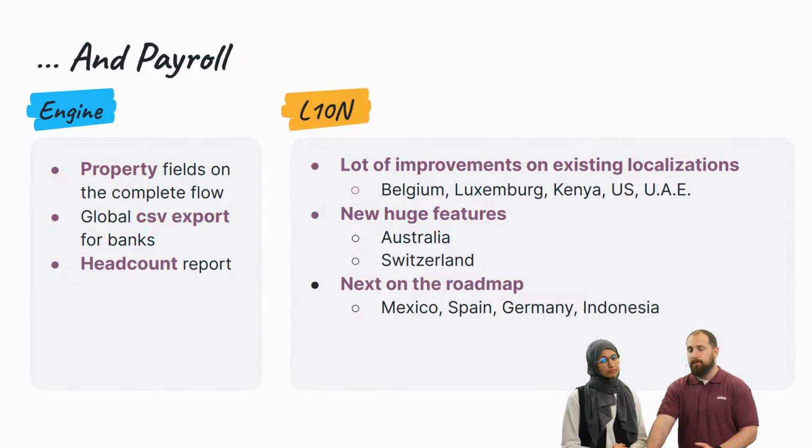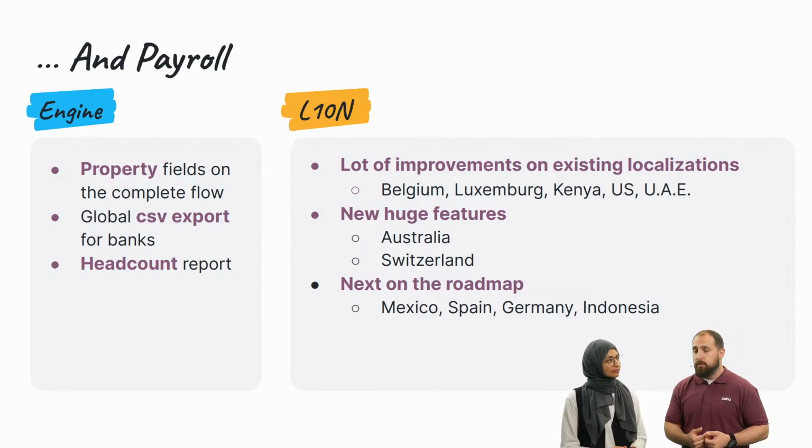So very interesting. Also for countries that are not using the standard payment stuff like the SEPA we have here in Europe, we're gonna give the possibility to still generate a CSV export so that you can send this to your bank in order to make payments.